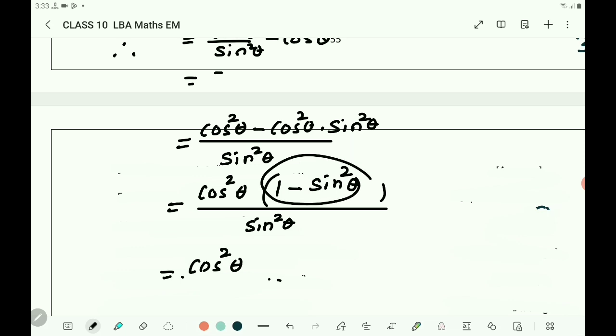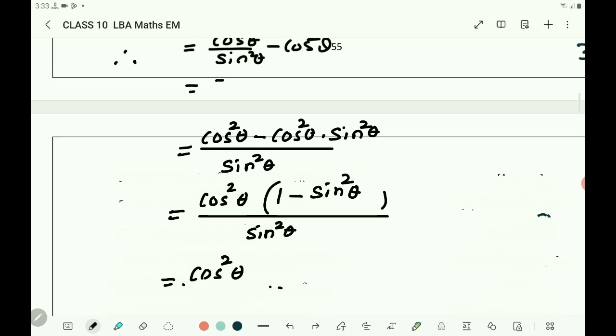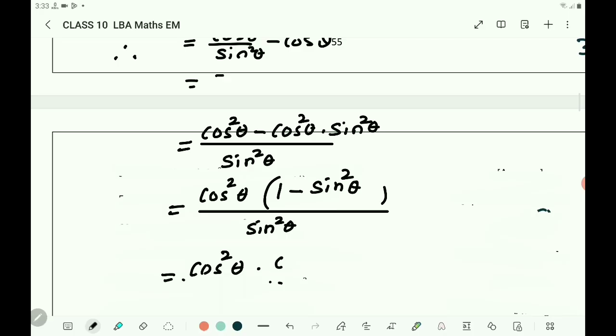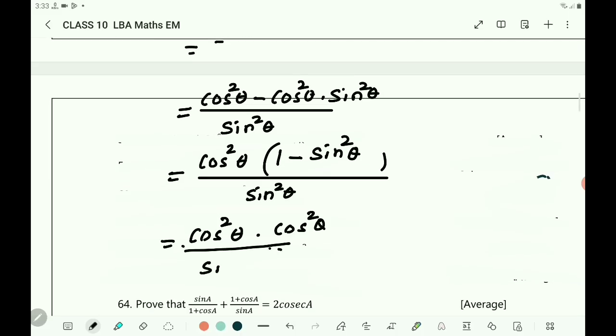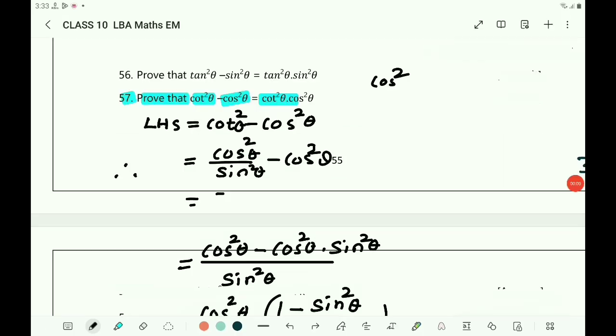One minus sin square theta is cos square theta, by sin square theta.